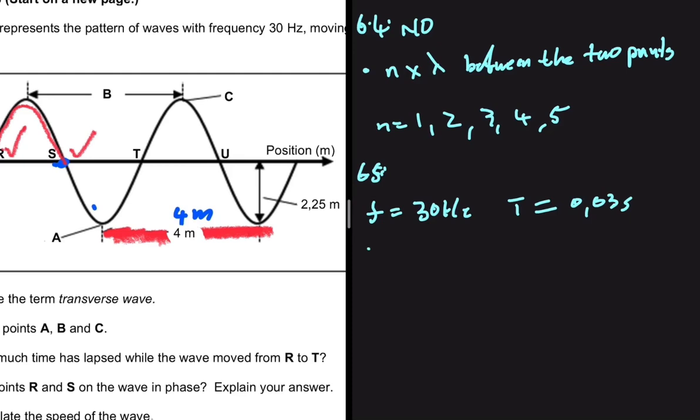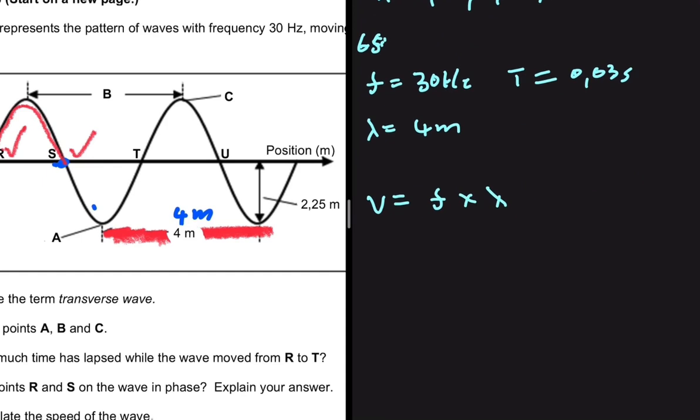So the wavelength is equal to 4 meters. The speed of the wave, V, is equal to frequency multiplied by wavelength. So the speed of the wave will be equal to 30 multiplied by 4 meters. This is equal to 120 meters per second.